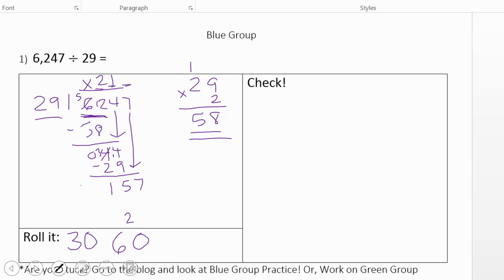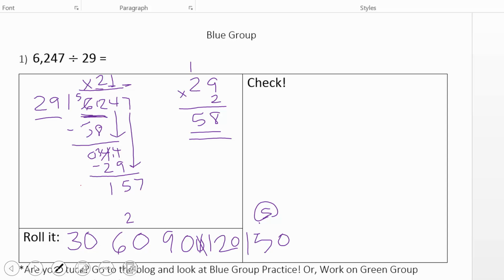So now I ask myself, how many times does 29 fit into 157? Let's continue rolling. 3, 6, 9, 12, 15. Okay, go and add my zeros. Oops, I had a 0 there. So I'm thinking 1, 2, 3, 4, 5 times.